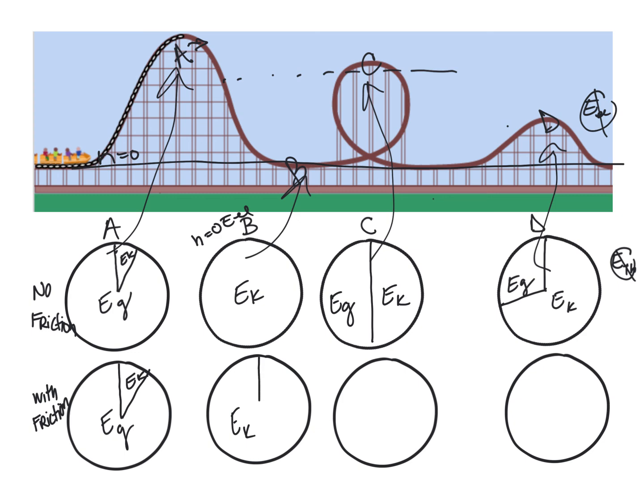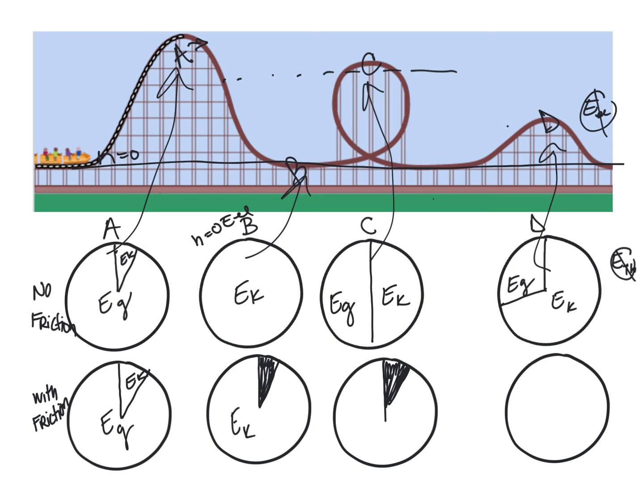But as the roller coaster moves down the track, the heat that gets created as the wheels move along the track will create a small amount of thermal energy. When we get to position C, our thermal energy will be increasing the whole time, so I'll make that a little bigger. So then it needs to take that energy away from something.